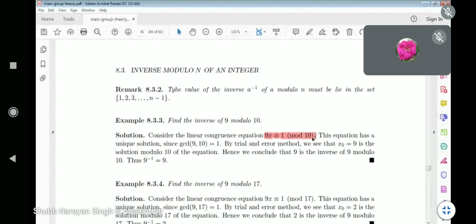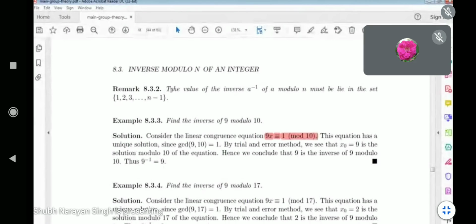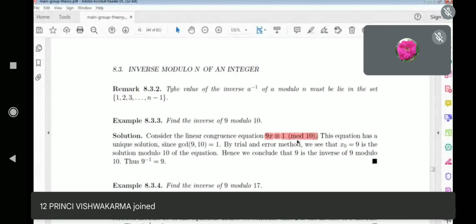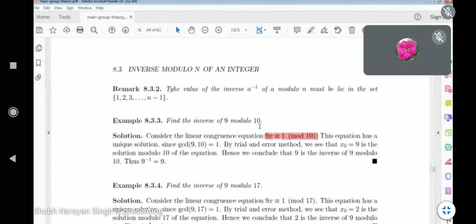We know that this GCD is 1, and this 1 divides b, where b here is 1. So that means this equation has a unique solution in modulo 10 system, because here n is equal to 10, and that solution we call the inverse of 9 modulo 10.